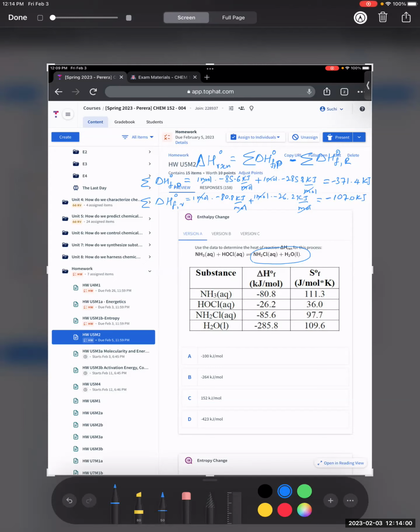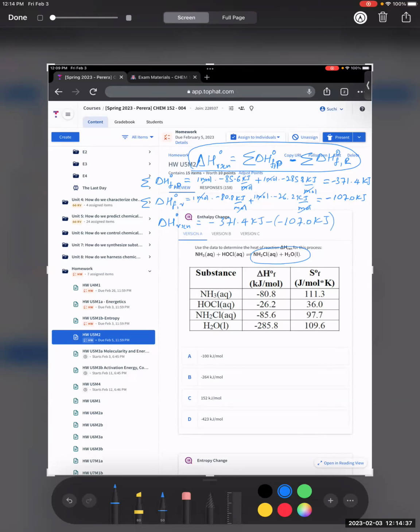Okay. Now we have these values. So what we're going to do is define the delta H reaction by taking the difference, products minus reactants. So delta H reaction must be minus 371.4 kilojoules minus minus 107.0 kilojoules.